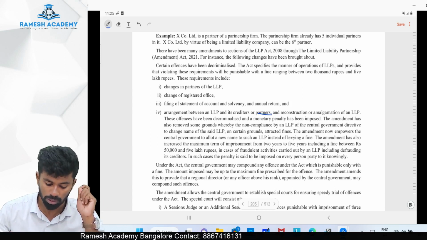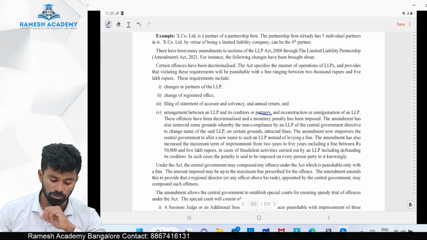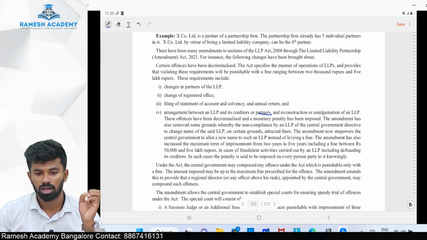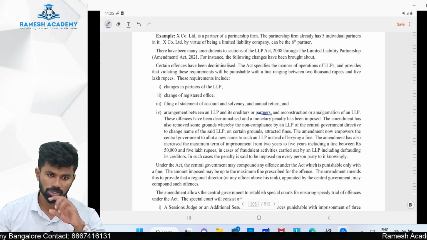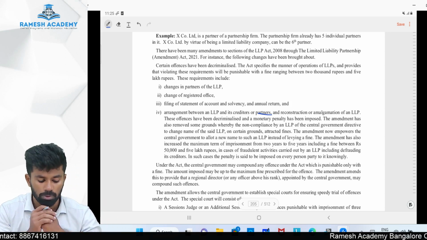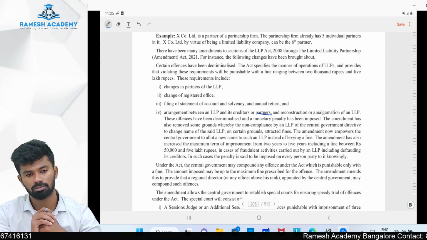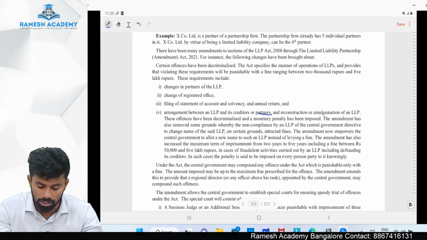These offences have been decriminalized and a monetary penalty has been imposed. Before, these were criminal provisions, meaning if you didn't satisfy them, there could be prosecution. But in the LLP Amendment Act 2021, they are decriminalized, meaning there is only a penalty now.